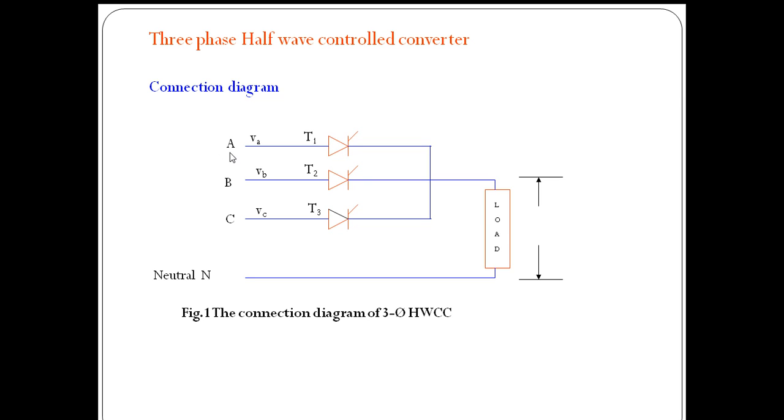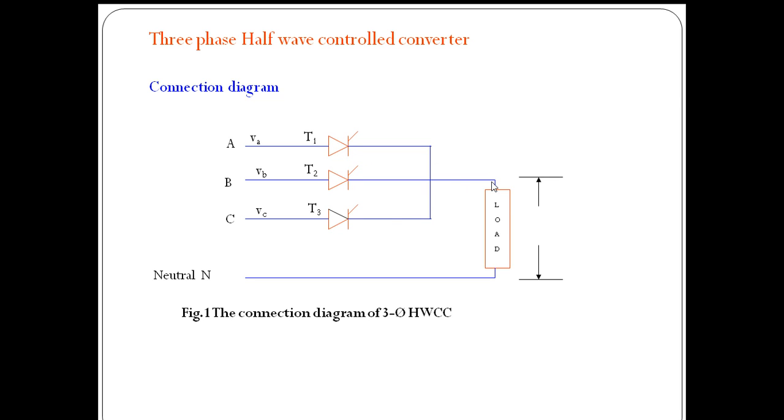So phase A will be connected through thyristor T1, and through the load again it will be connected to neutral. Each thyristor's anode terminal will be connected to the transformer secondary winding, and all the cathode terminals are connected together.